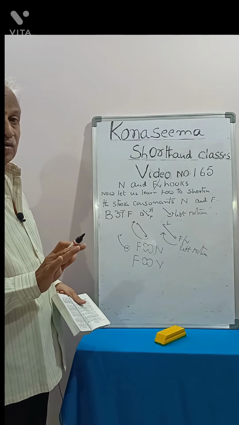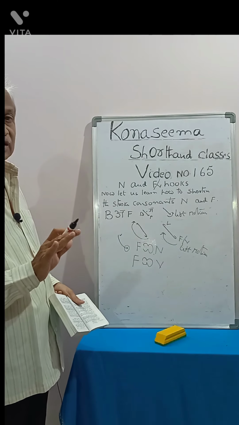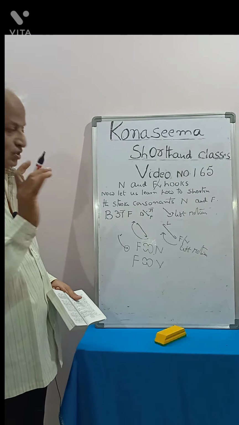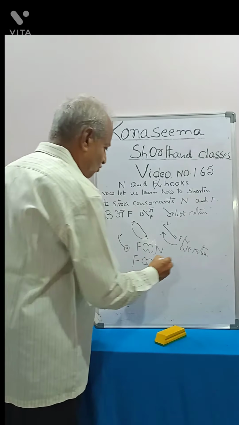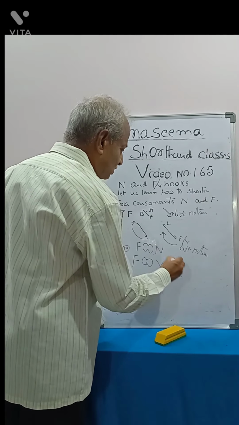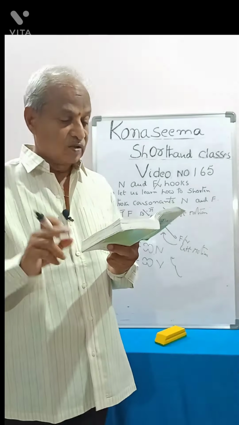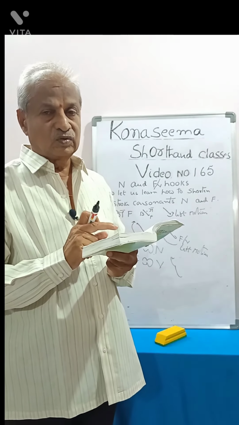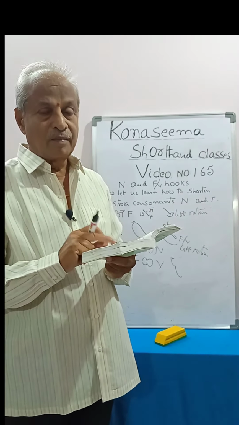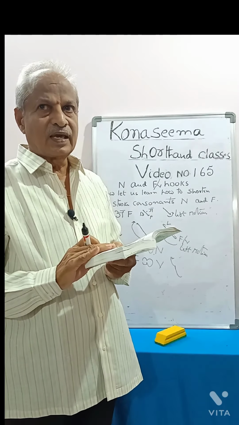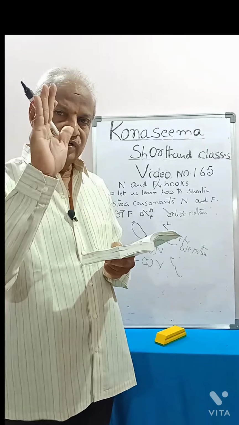There is no V hook to the curved stroke, and hence five should be written with stroke consonant V. You see here the word fine, we will use N hook, but V hook is not there to the curved strokes, and hence we have to write five in full.